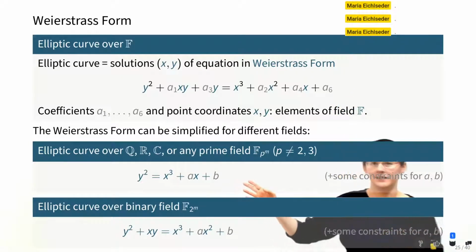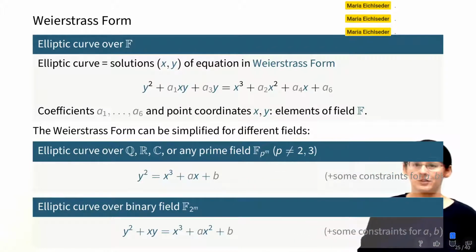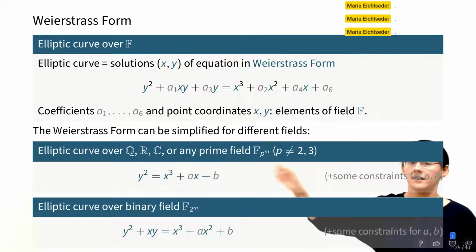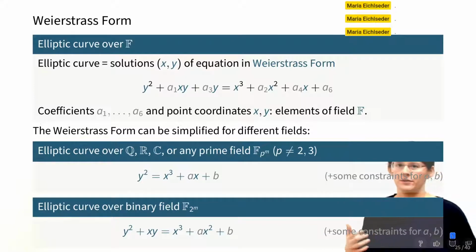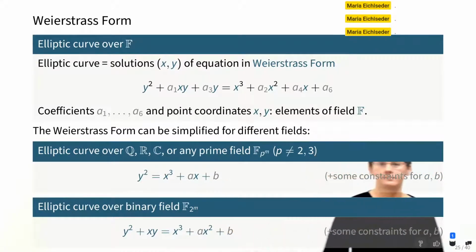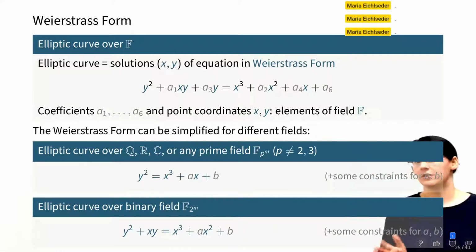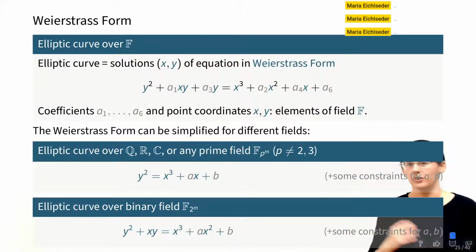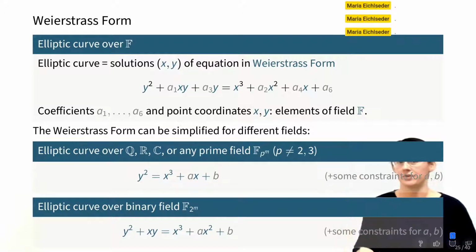We don't care about the details. I'm just saying here that it's possible and that you often only see this simplified representation, which only has 2 parameters left, a and b, plus some additional conditions that a and b need to satisfy. So not all a and b actually give a valid curve.